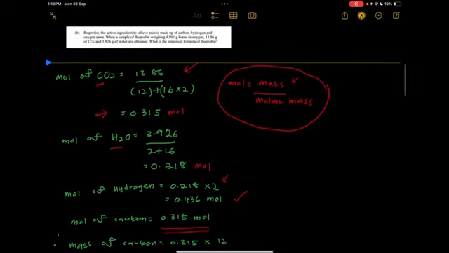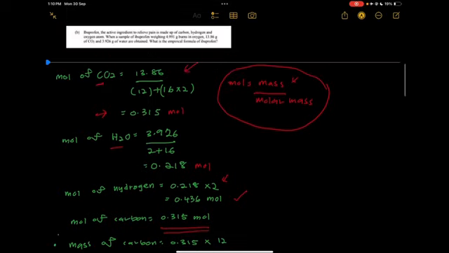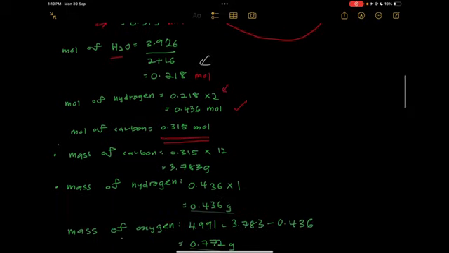So we use it to find the mole of CO2, H2O, and hydrogen and carbon. For CO2 we get 0.315 mole. For H2O we get 0.218. For hydrogen we get 0.436 mole, and for carbon we get 0.315 mole.